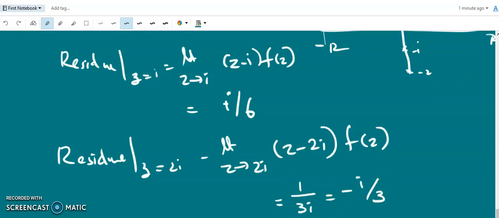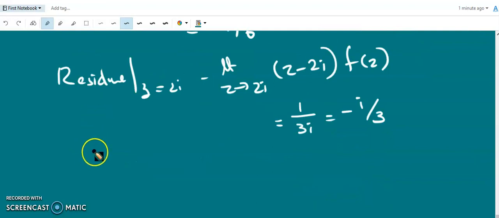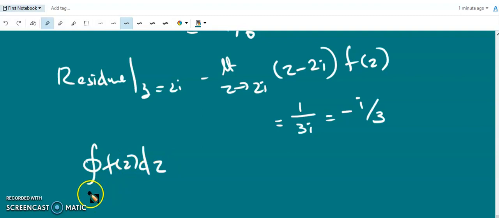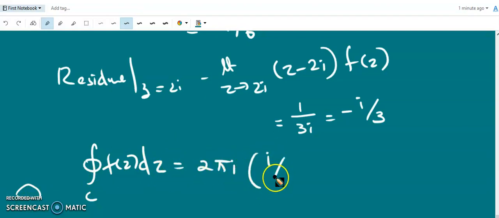So by the residue theorem, the closed integral of f of z dz over C, where C is the closed semicircular contour, the real axis plus the curved part of the semicircle, is equal to 2 pi i times (i by 6 minus i by 3), the sum of residues at singularities z equal to i and z equal to 2i.